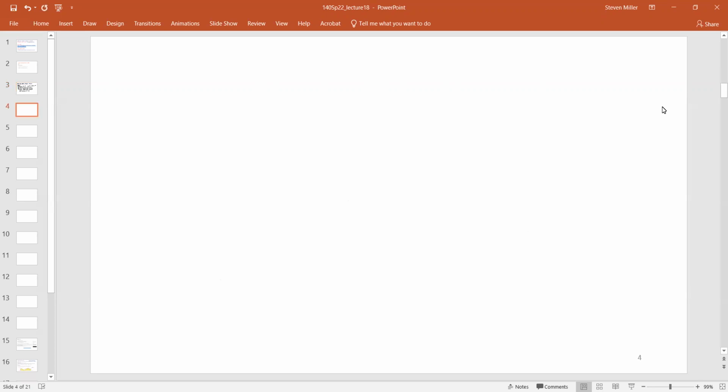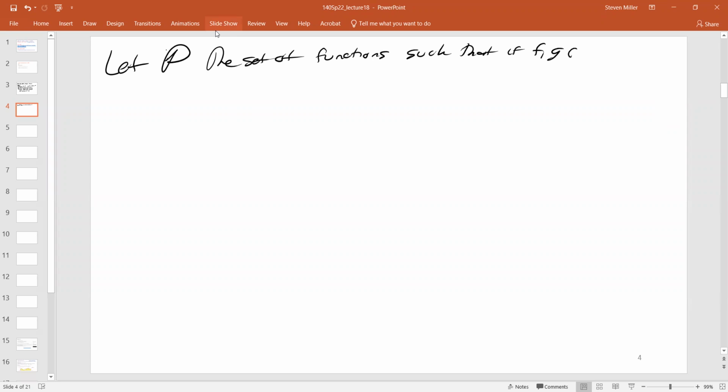Okay, so now here's the first thought. Let's use P, the set of functions such that if f and g are in P, then fg prime is f prime g plus fg prime.